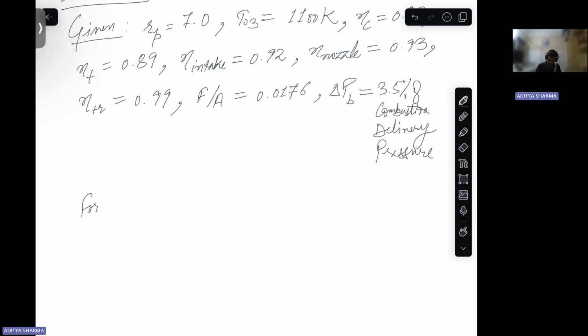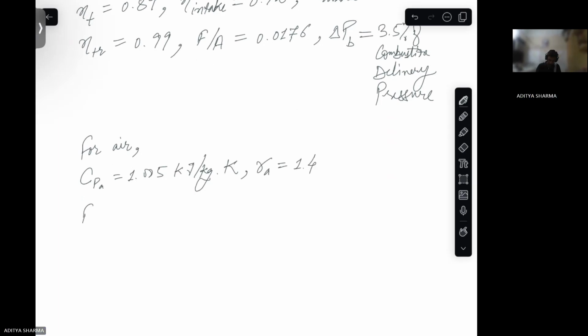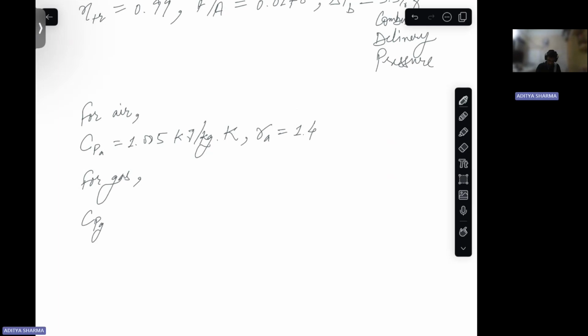Then for air at 9,000 meter altitude, CPA equals 0.005 joule per kg Kelvin. Then gamma A is equal to 1.4. For gas, CPG is 1.147 kilojoule per kg Kelvin.